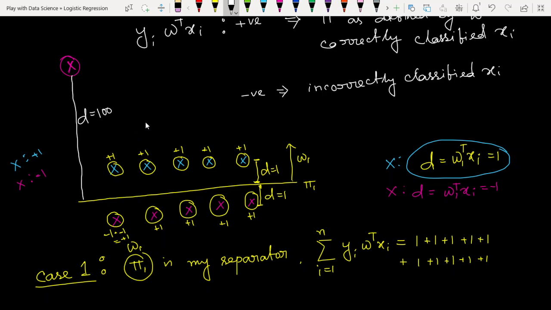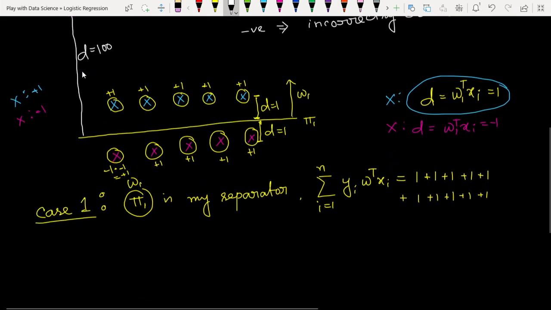So what will be the situation in such a scenario? Our distance from this point to our plane is 100, and the point is also misclassified. Actually this point is negative and the direction is positive. The direction is positive here, it is all about positive points, but the point is negative.